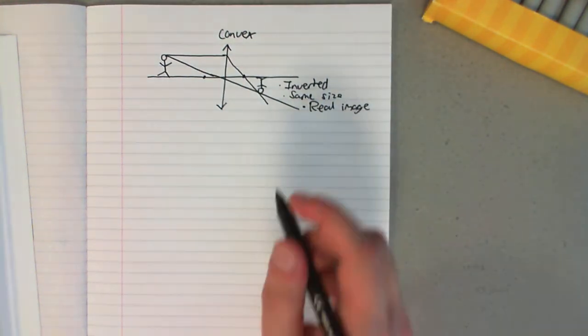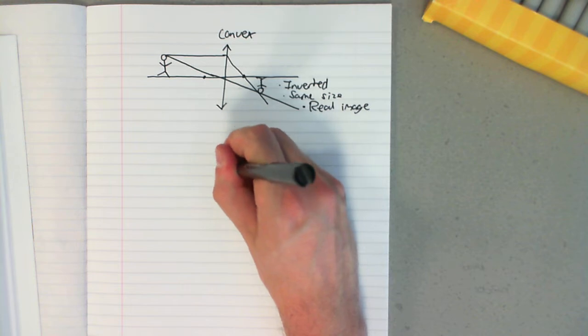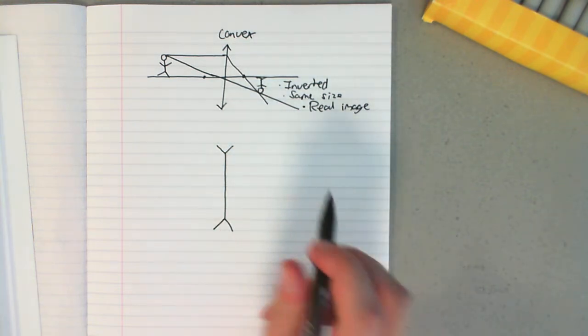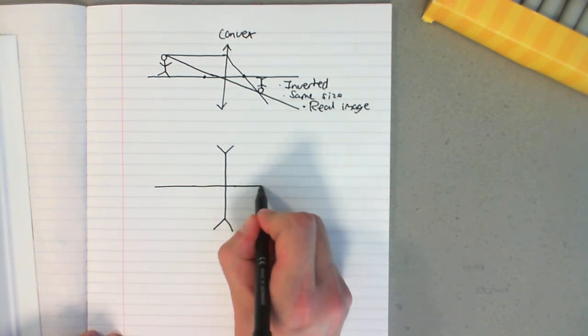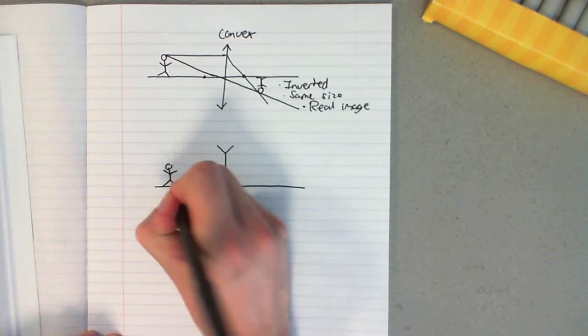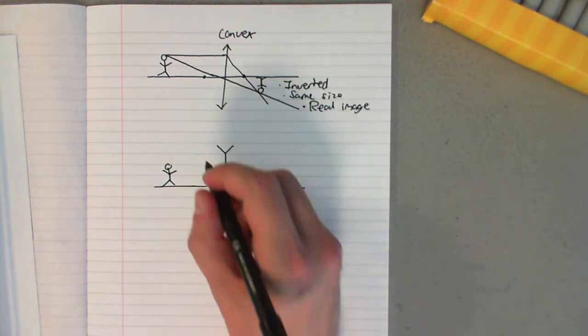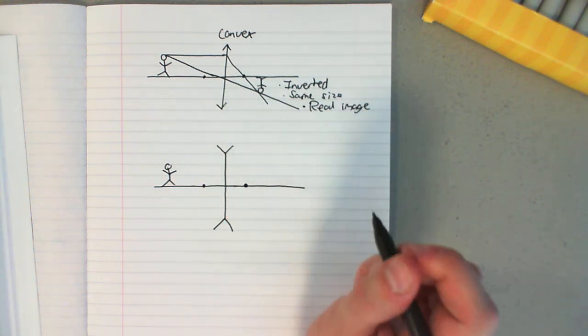But if we use a concave lens, this isn't the case. For a concave lens, the arrows go the opposite direction. We still have an axis through the middle, and I'm going to use the same object again, a person. So how do we draw these images? We'll have our principal focus points here.